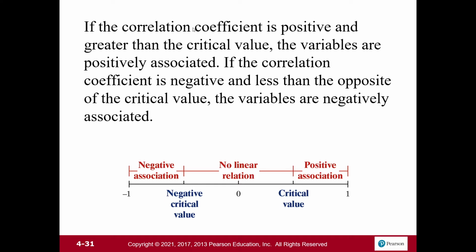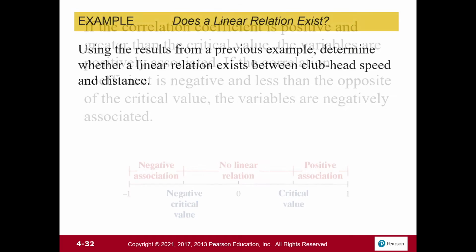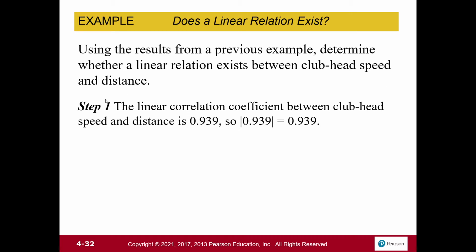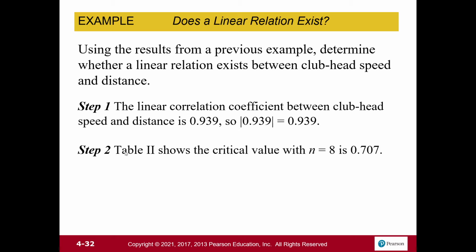Now, if the correlation coefficient is positive and greater than the critical value, then the variables are positively associated. If the correlation coefficient is negative and less than the opposite of the critical value, the variables are negatively associated. So here is our problem, and we had to look up the critical value.